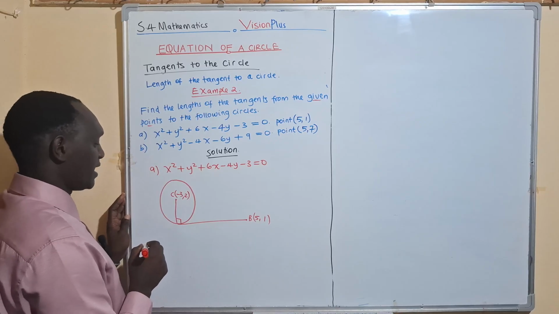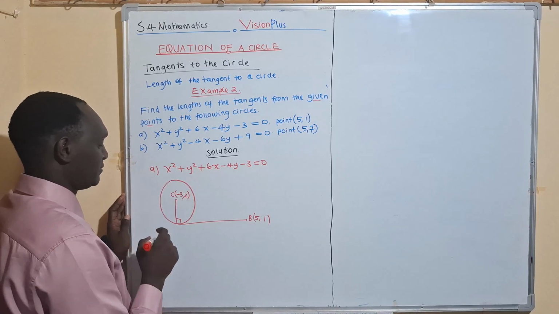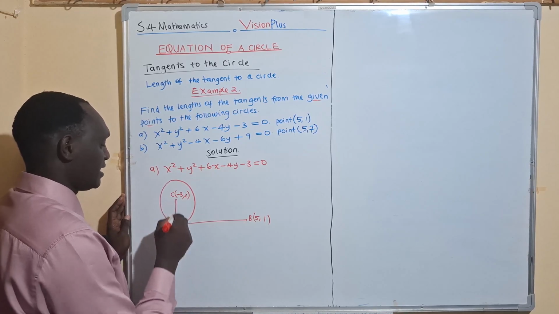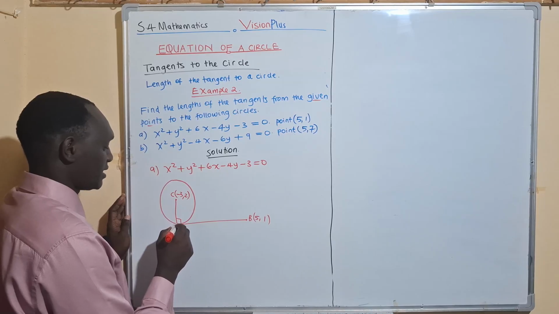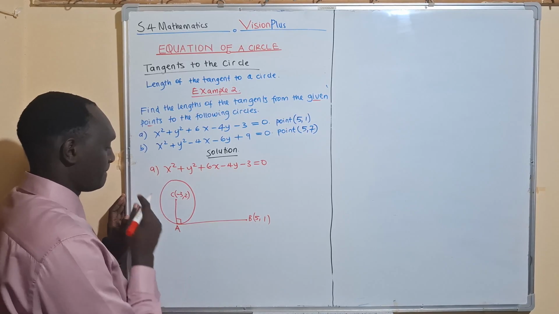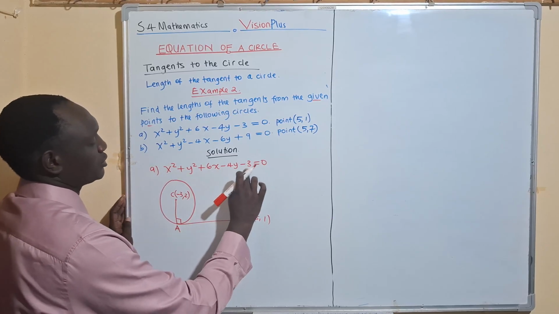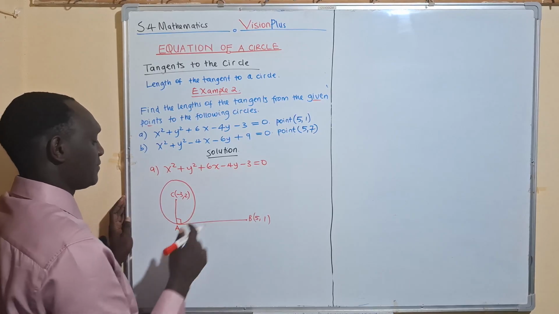And then what about the radius r? The radius r is the distance from C, the center, up to this point in the circumference where the tangent touches the circle. So let me call this point A. How do we get the radius? We know if you have the expanded equation of the circle, you can find the radius. How?